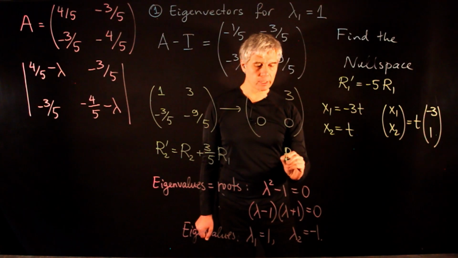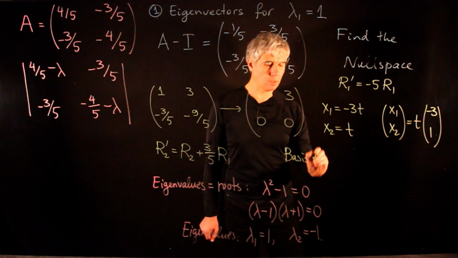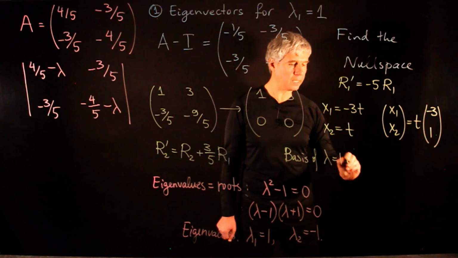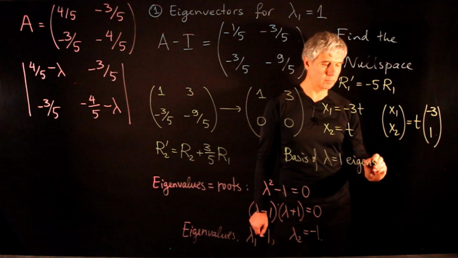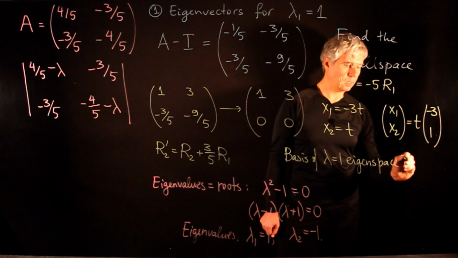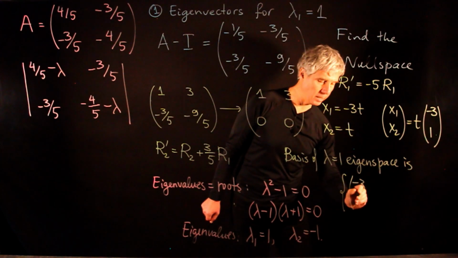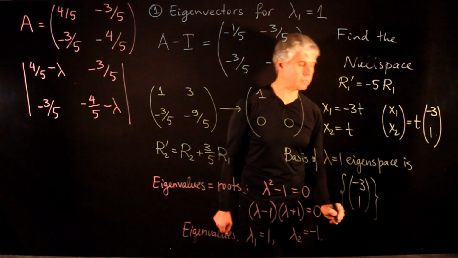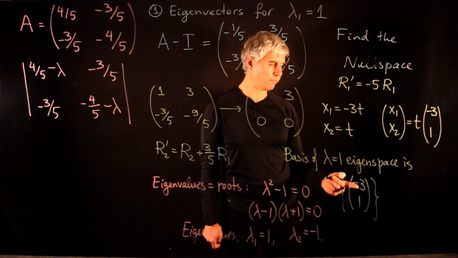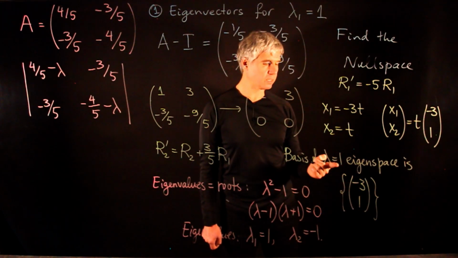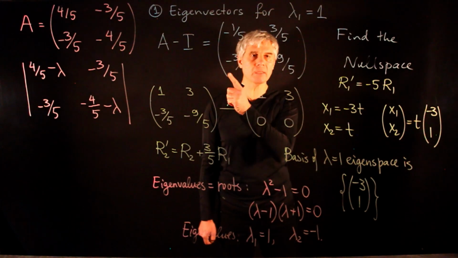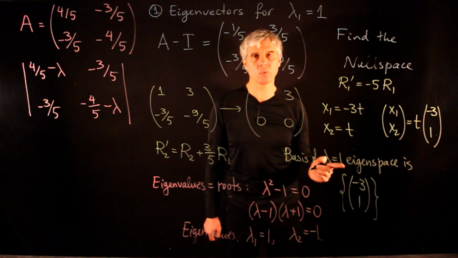And our conclusion is that the basis of lambda equals 1 eigenspace is a single vector negative 3, 1. So this eigenspace is one-dimensional. And this vector negative 3, 1 is an eigenvector of this matrix corresponding to eigenvalue plus 1.